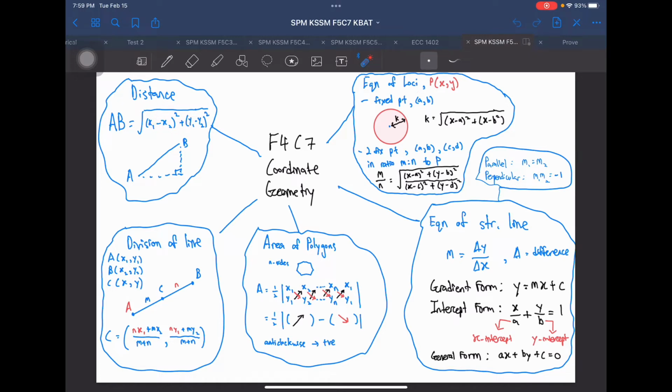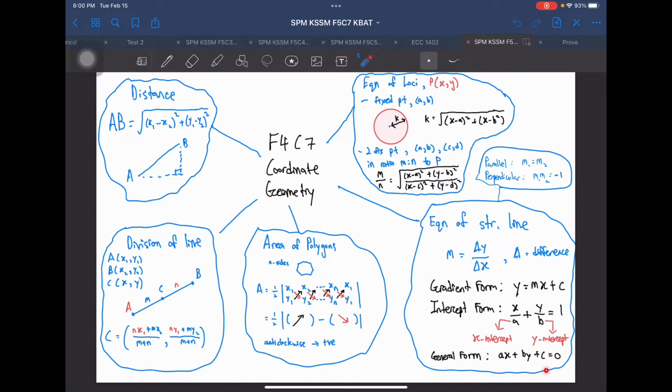For a straight line, there are three forms to write it. One is the most basic form, the gradient form, which is y equals mx plus c. The second one is the intercept form, where you write x over a plus y over b equals 1, and a and b are the x-intercept and y-intercept. The third form is the general form, ax plus by plus c equals 0.